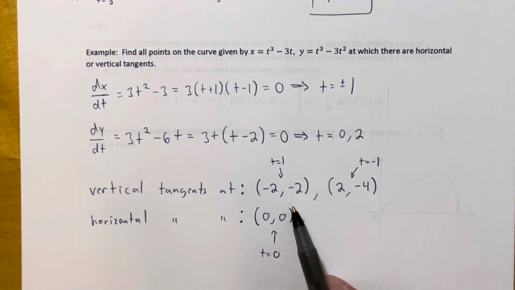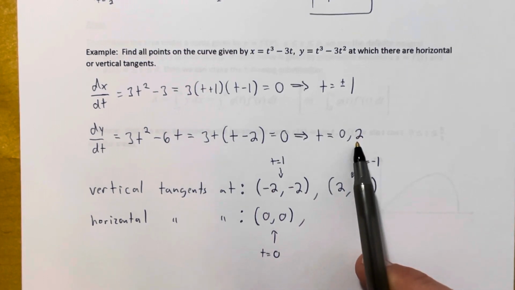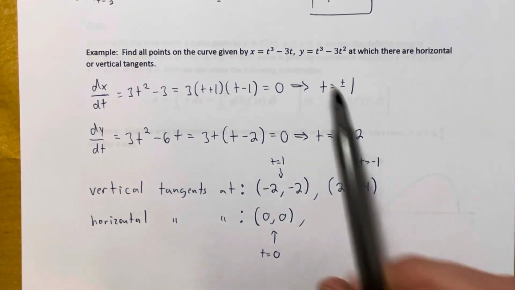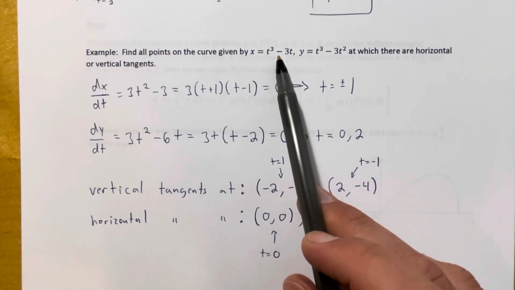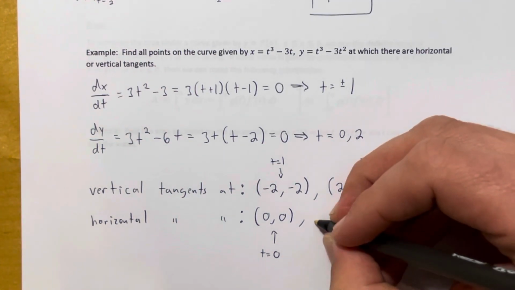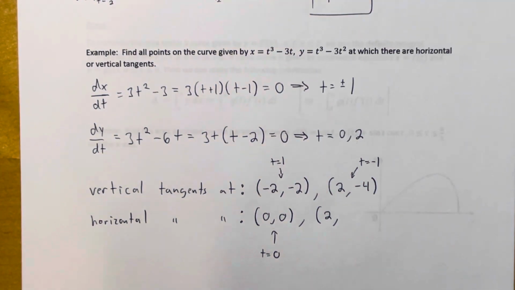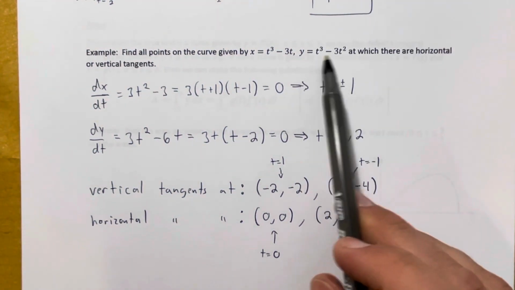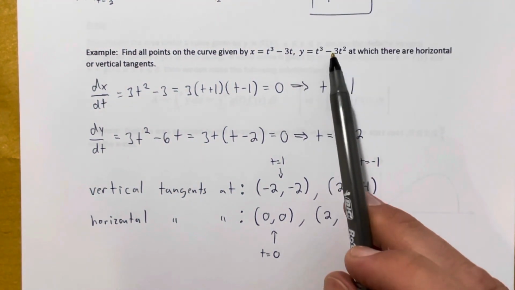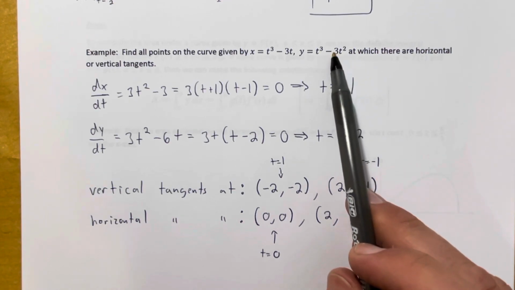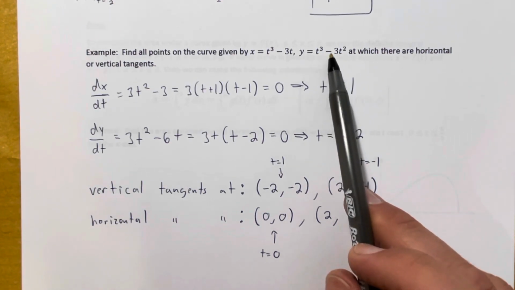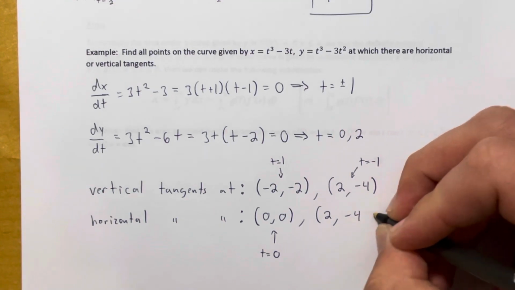When I plug a 2 into these parametric equations here, I'm going to get 2 cubed, which is 8, minus 3 times 2, which is 6. So 8 minus 6 is 2. And then when I plug a 2 in here, 2 cubed is 8, minus 3 times 4 is negative 12. So 8 minus 12 would be negative 4.